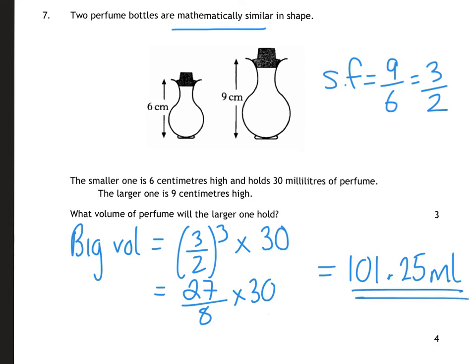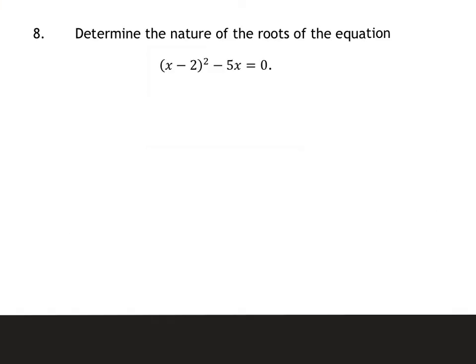So that is the volume of the big one. As I said, this wee line here isn't essential. I was just talking through what you would do if this was non-calculator. You can just go straight from here to here, and feel free to change the 3 over 2 into 1.5 if you want to. But if it's not a nice decimal, keep it as a fraction.